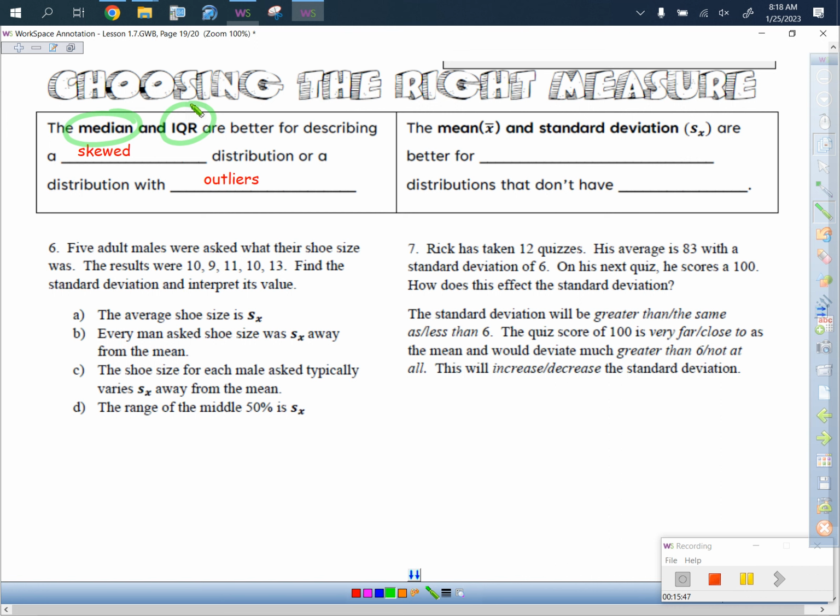And if you had fairly symmetric data that did not have outliers, using the mean and the standard deviation are good measures. So this is probably a pretty important worksheet. You know how you're going to use it on your tests and quizzes? There's a lot of info on this worksheet about what to choose.